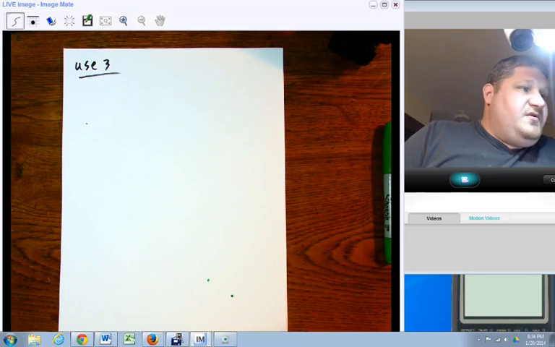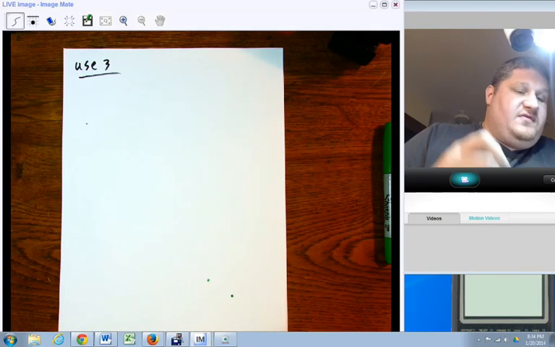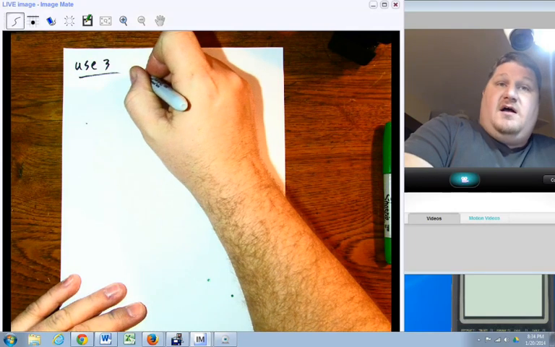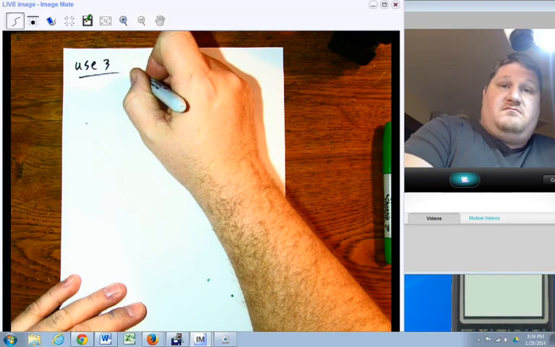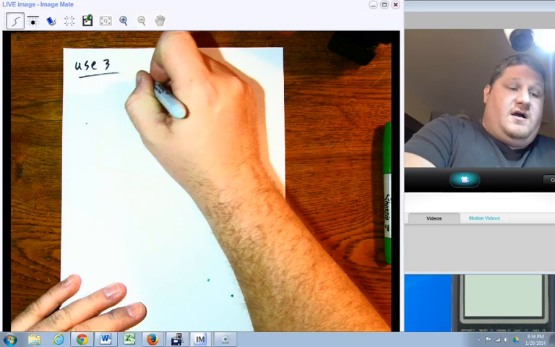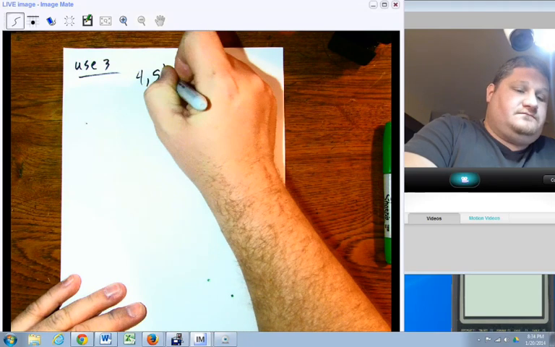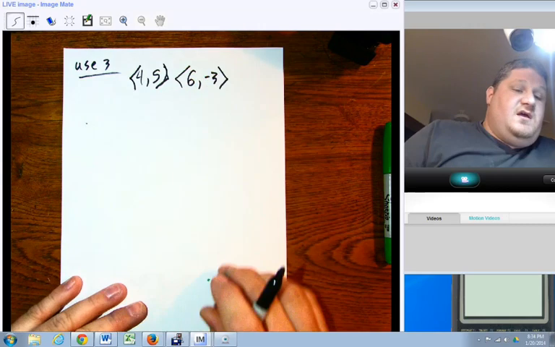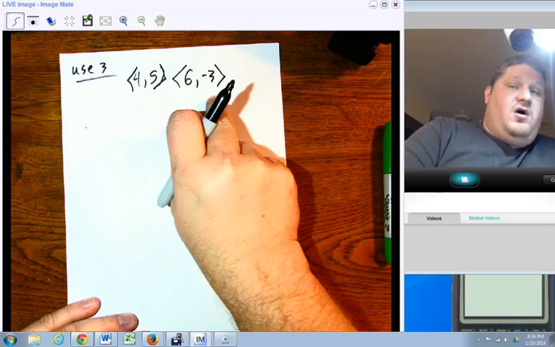Use number 3 has to do with two vectors. Again, let's use our vectors here. Let's use 4 comma 5 and 6 comma negative 3. I want to know, are those perpendicular?